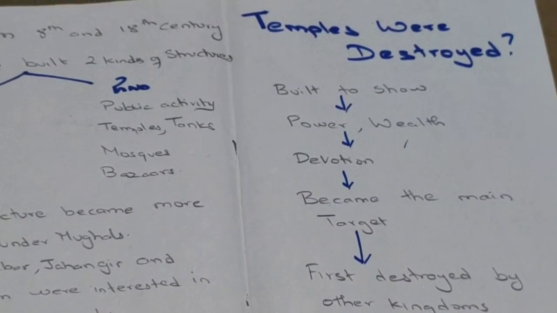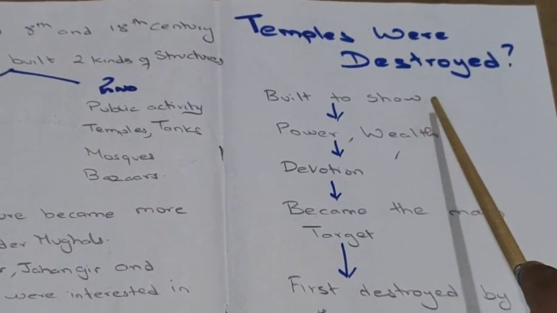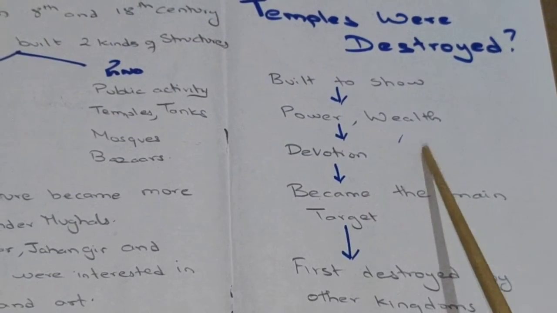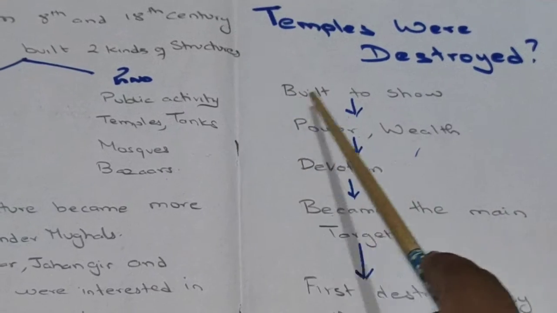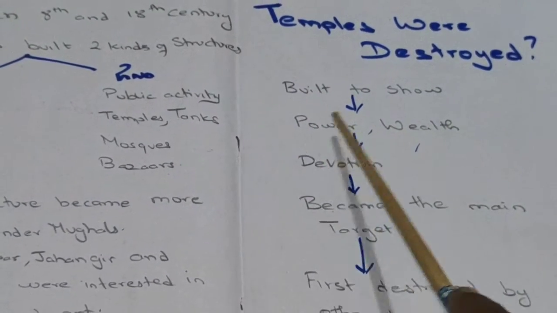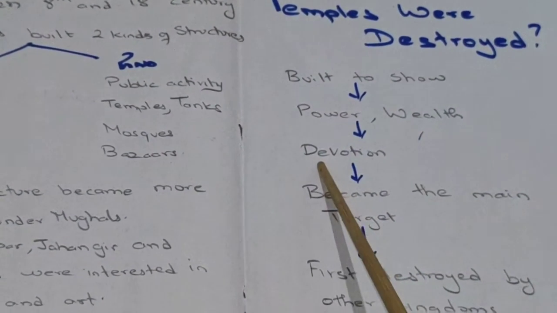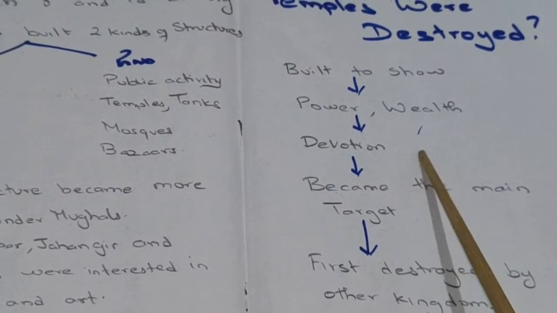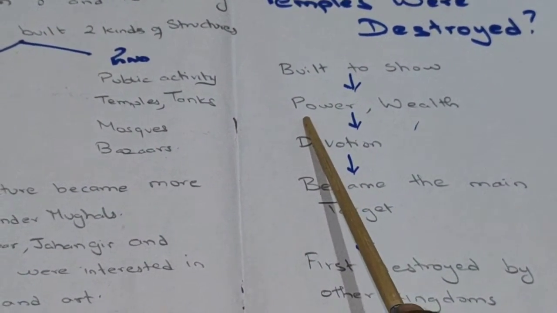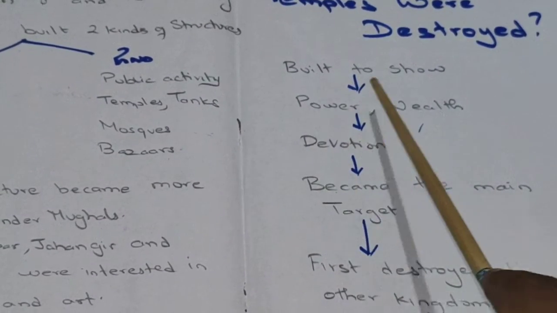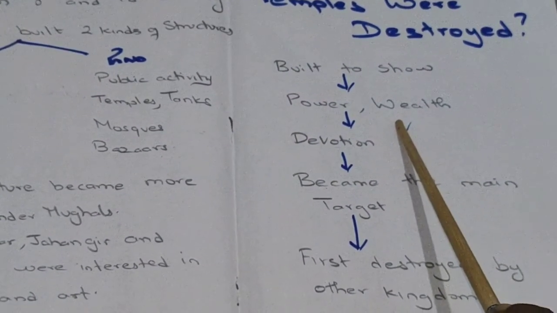I hope you have understood why the temples were destroyed. I will just read this again to you. The temples were built to show the power, wealth and devotion of the king. Every king builds a very large temple to show how powerful and wealthy he is.